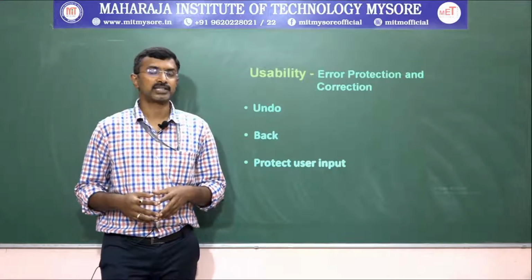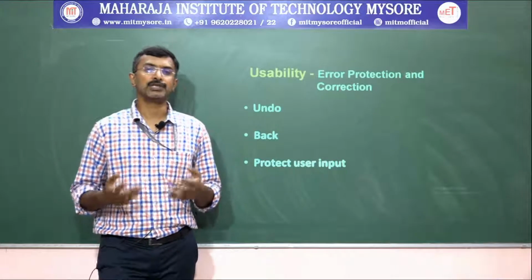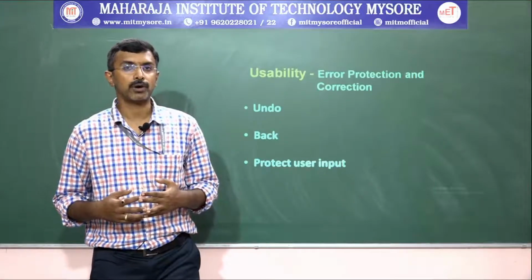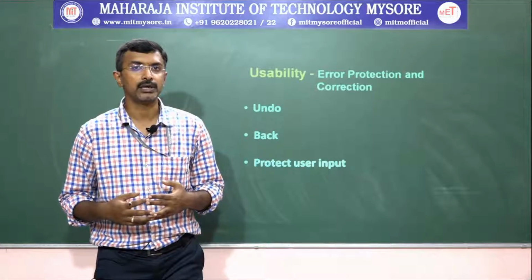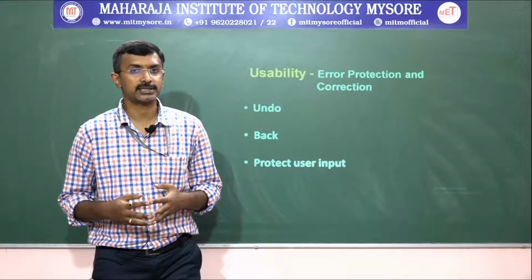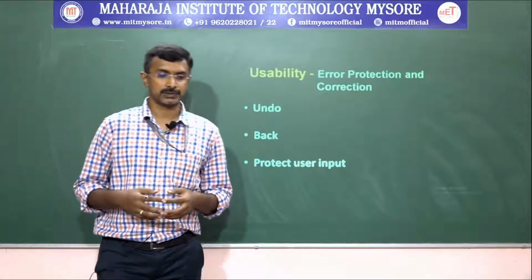The other aspect is that whenever a mistake is made, you should protect the user's inputs, or else it is going to be a big problem for the user. Huge data will be lost, and it turns out to be a very bad sign for any mobile application.